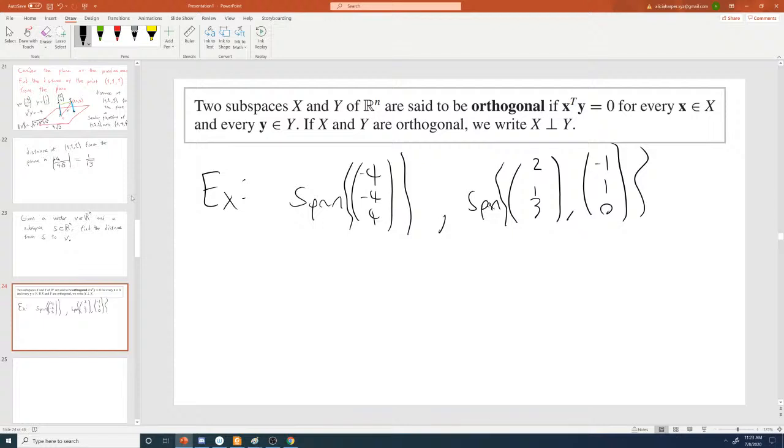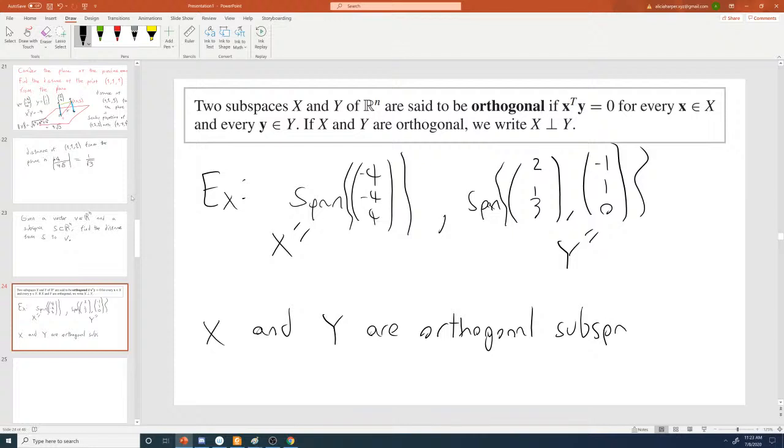So I'll call this X, and I'll call this Y. Then X and Y are orthogonal subspaces of R3.